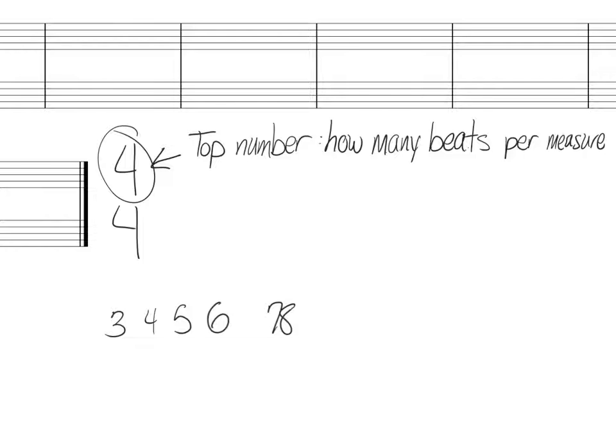So you will see several examples in your assignment asking you how many beats are in a measure in this particular time signature, and you just simply look at the top number and it tells you how many beats are in a measure. That is your answer. And we will talk about what that means musically in a little bit.